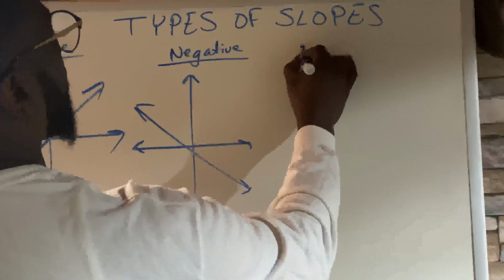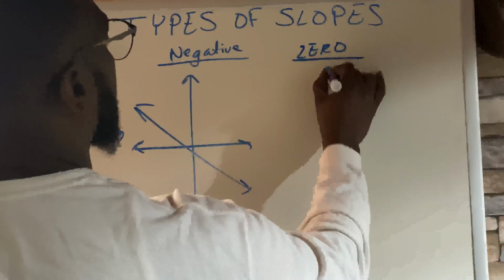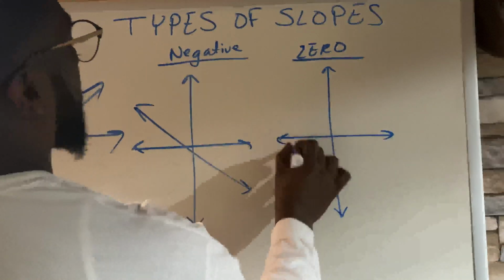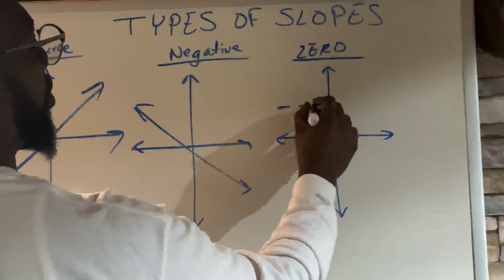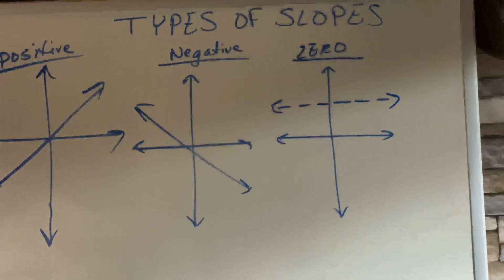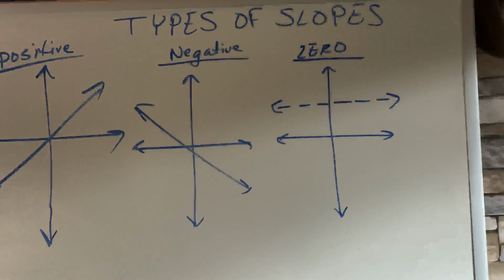A zero slope would be horizontal. And then we have what we call an undefined slope. An undefined slope is basically vertical. An undefined slope is vertical.